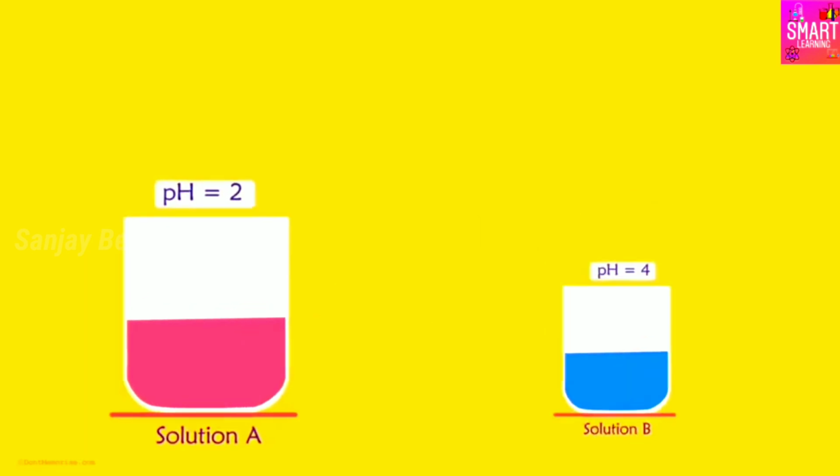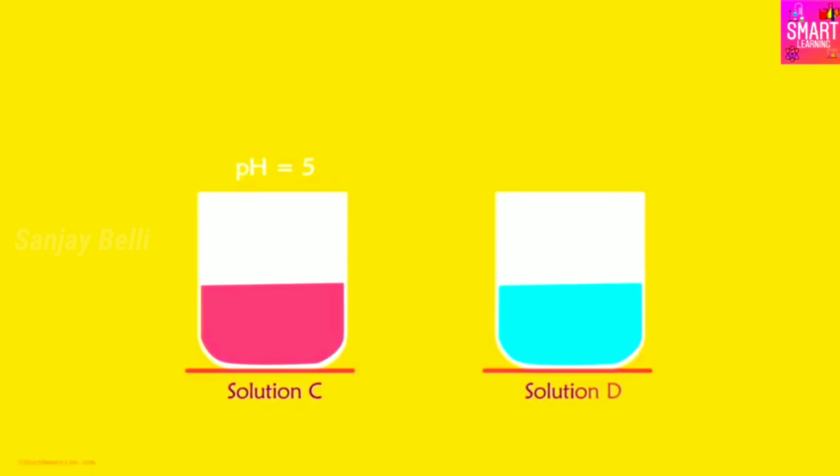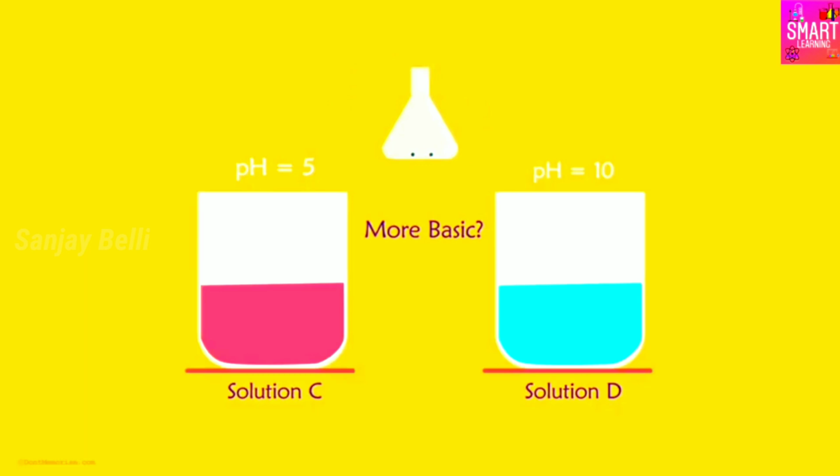Here is another one. Solution C has a pH of 5 and solution D has a pH of 10. Which one is more basic? Yes, solution C is acidic and solution D is basic.